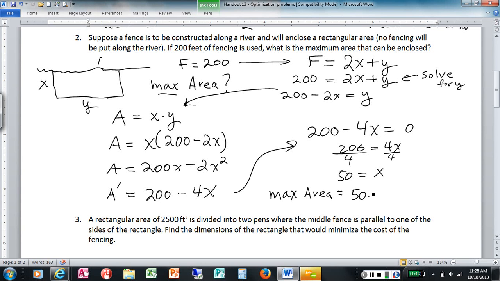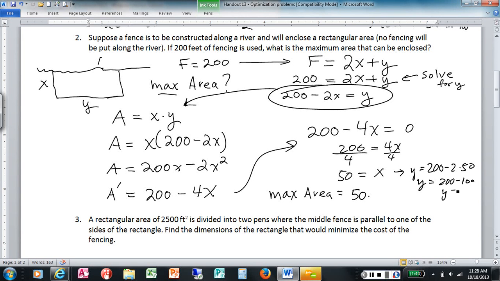What's the y value? Well, from previous, we know y is 200 minus 2x, so y would be 200 minus 2 times 50. I now know the x is 50, so this one's not going to be a square, is it? It's 200 minus 100, which is 100. So the y value is 100 when x is 50, so the maximum area is 50 times 100, 5,000.